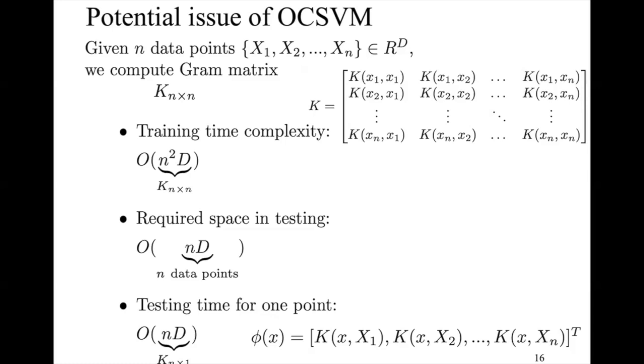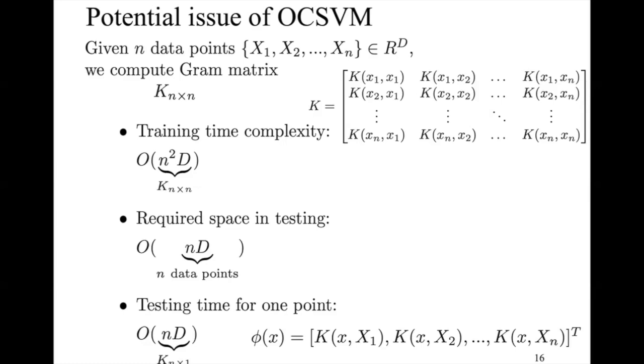The first thing is we compute the kernel. You can use whatever kernel you want, but the default is a non-linear kernel transformation. Here we choose RBF. The training time complexity is n squared times d, because this is an n-by-n matrix, and for each kernel entry you need to compute the Euclidean distance in R^d, so the time complexity is big O of n squared d.